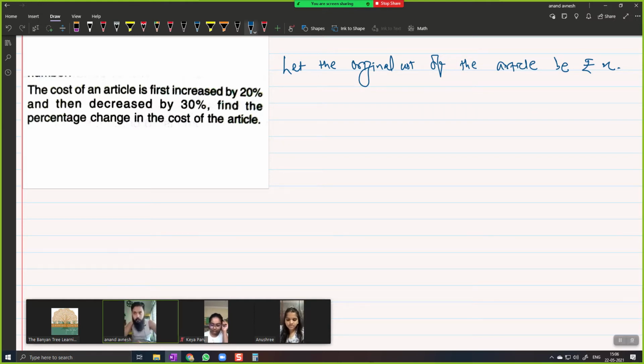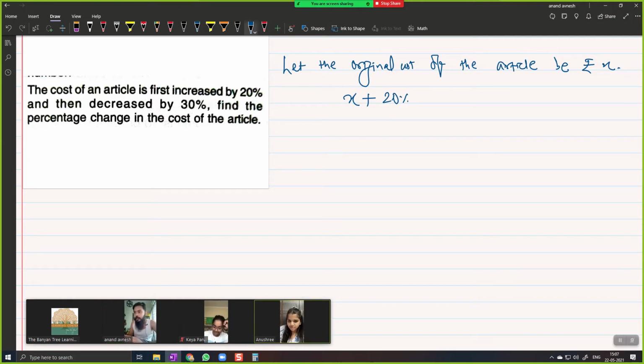Now what will we do? First we'll increase the cost by 20%. How to increase a number by 20%? First you write the number, then you write plus because you are increasing, and then you write 20%.